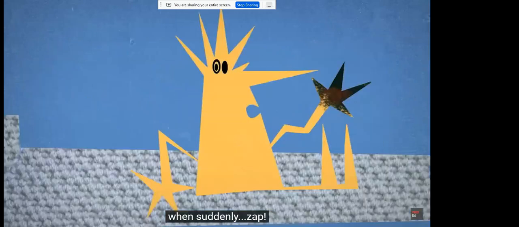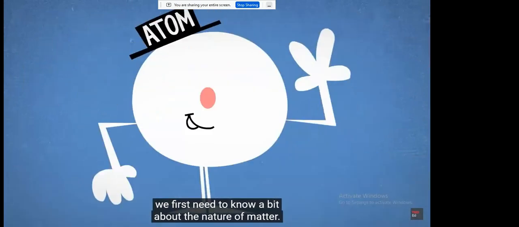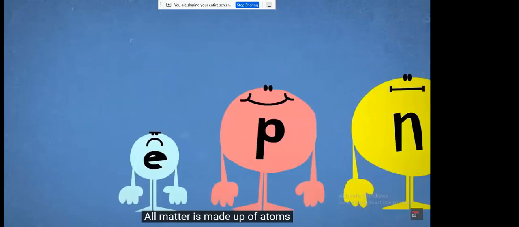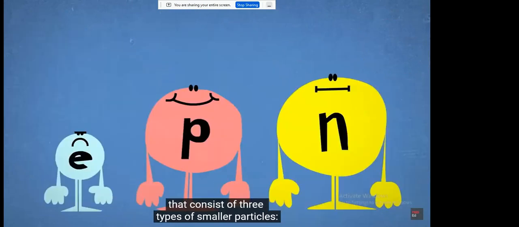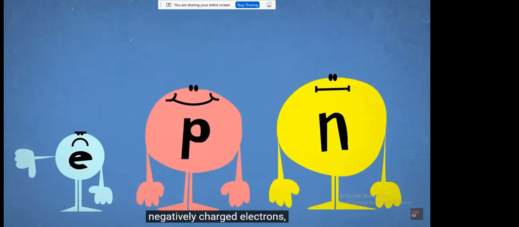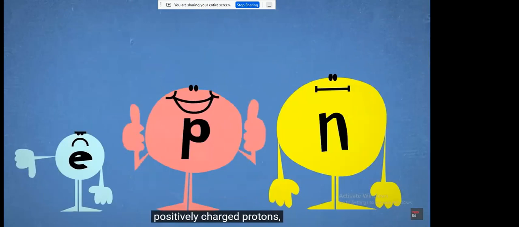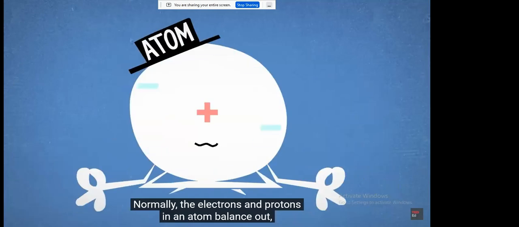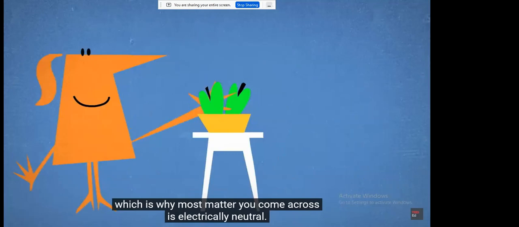To understand static electricity, we first need to know a bit about the nature of it. Matter is made up of atoms that consist of three types of smaller particles. The electrons and protons in an atom balance out, which is why most matter you come across is electrically neutral.